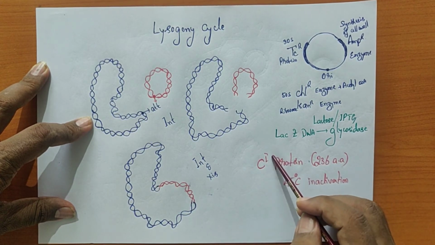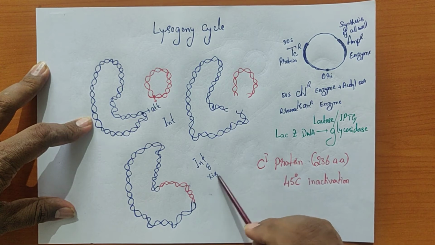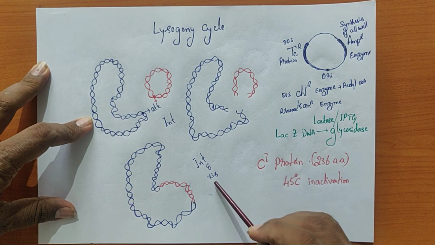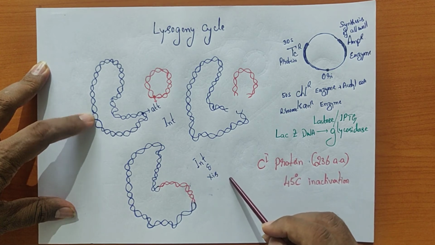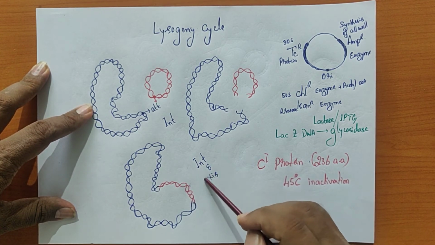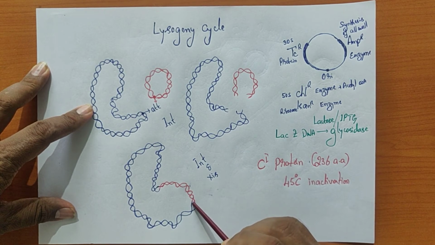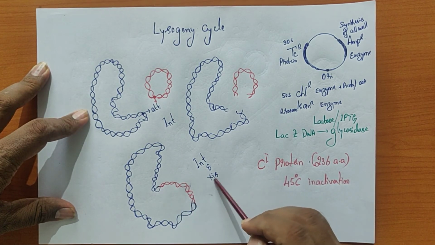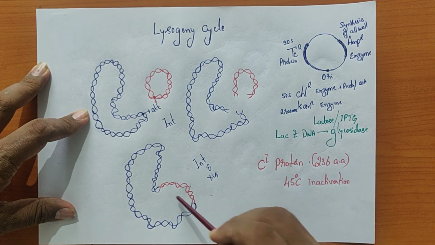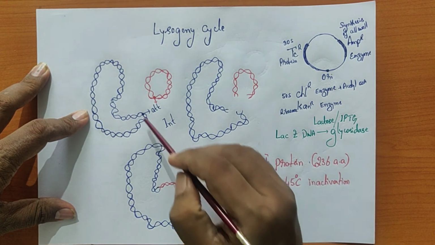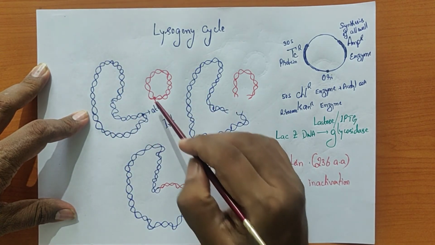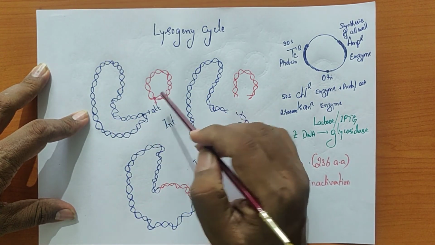Now at that particular time, what happens? Another additional gene, that is XIS, is going to be synthesized in large number. What this XIS does is that there is an ATT site here and another ATT site here. So now this XIS joins these two ATT sites, so that we are going to get the original genomic DNA and excise the lambda DNA.